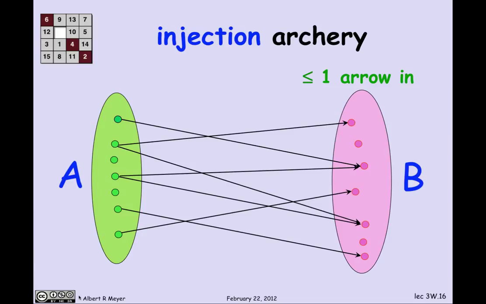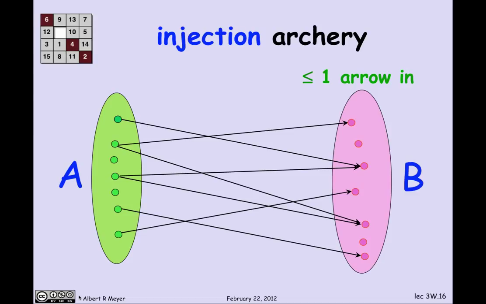All right, injections, another variation on the theme. An injection is a relation where there is at most one arrow into every element in the codomain. So looking at this picture now, this is not quite an injection because there are at least 2 points here that have more than one arrow coming into them.